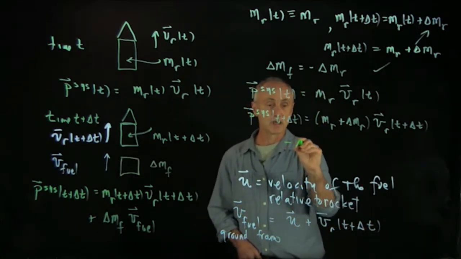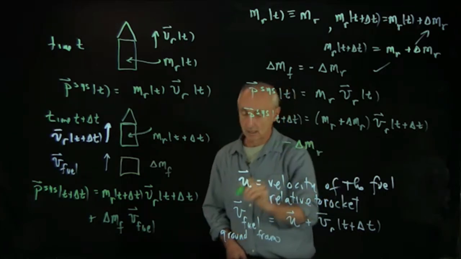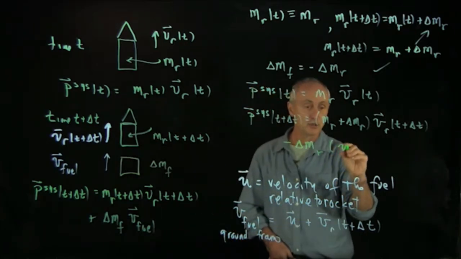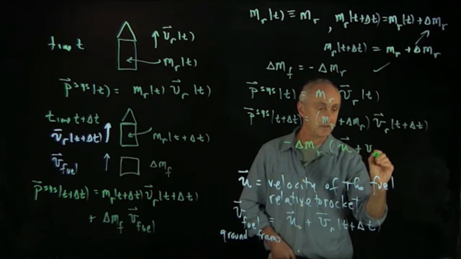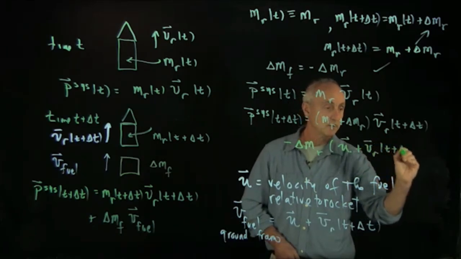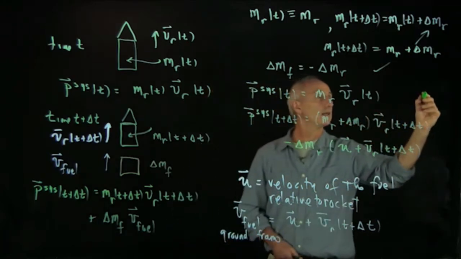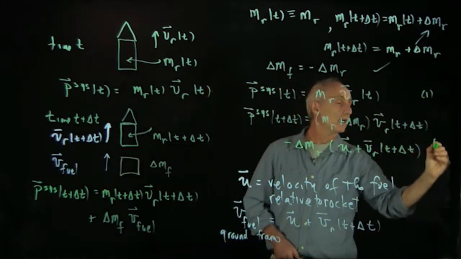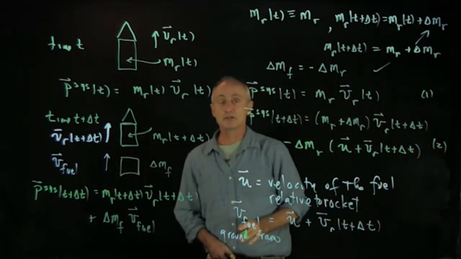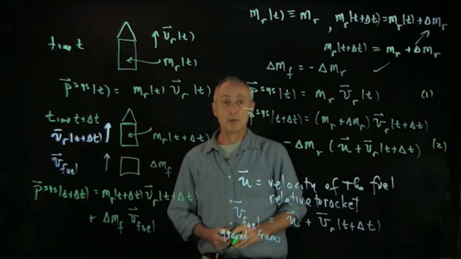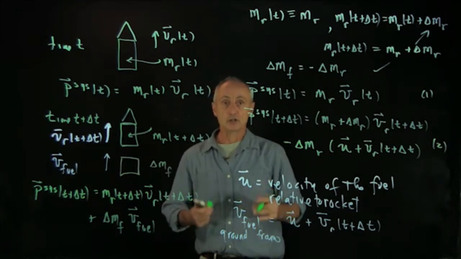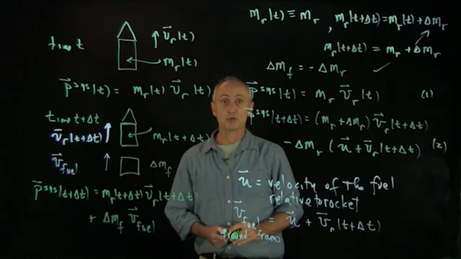So we have minus Δm_rocket times the velocity u + v_r(t + Δt). And this simplification, we'll write equations 1 and equation 2, will enable us to apply the momentum principle in a very transparent way. And that's what we'll do next.